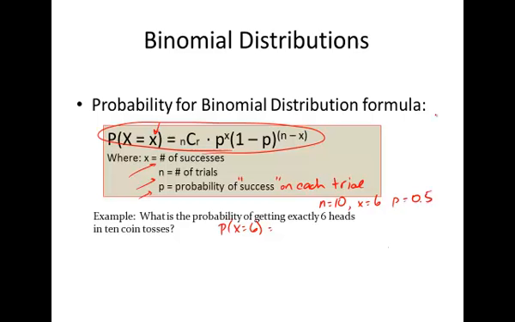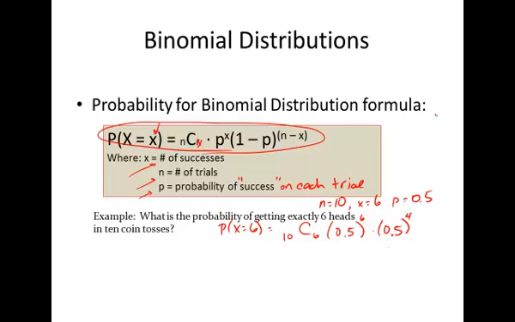So this is going to be nCx, this should be x, not r, times p to the x, times the probability of failure, meaning the probability of getting a tails, to the n minus x.